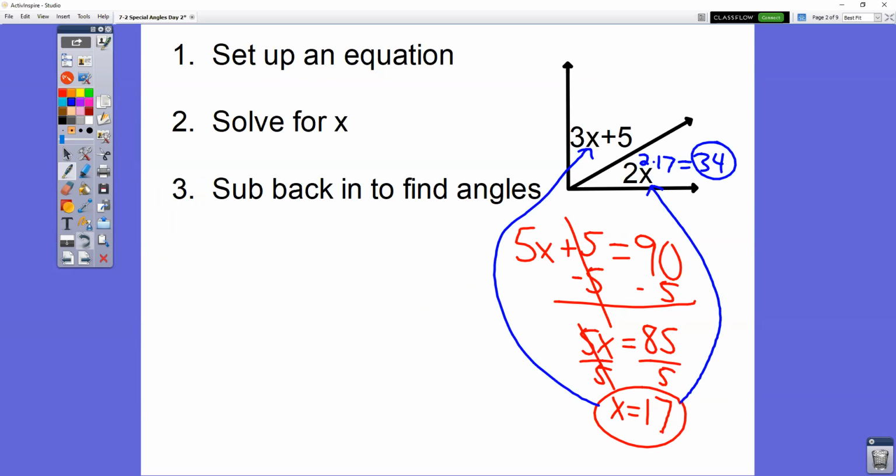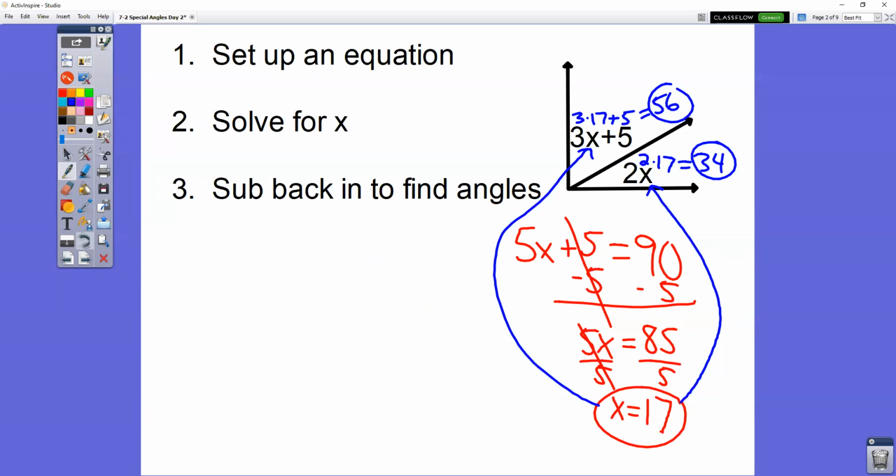Here you would have, instead of 3 times x, 3 times 17 plus 5. 3 times 17 is 51. 51 plus 5 gives you 56. So our two angles are 56 and 34. You have to find all three, all right? You have to find the x equals number, and then you have to take that and sub it back in to find the two missing angles.